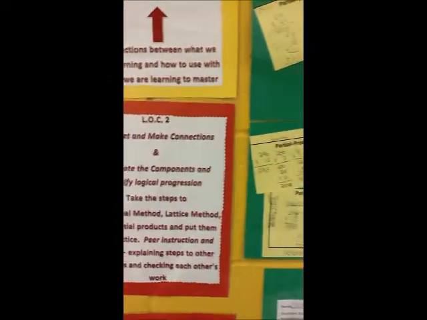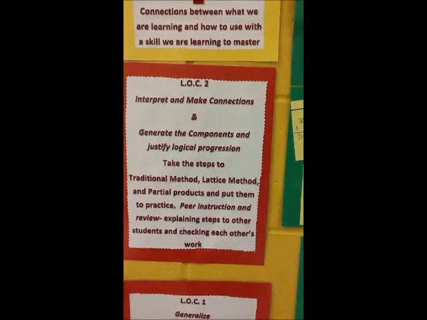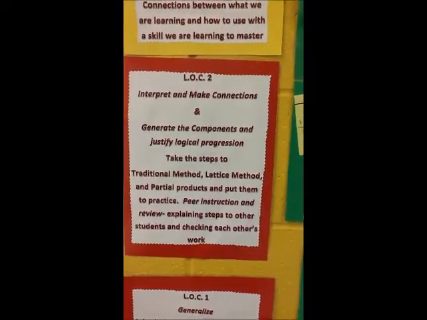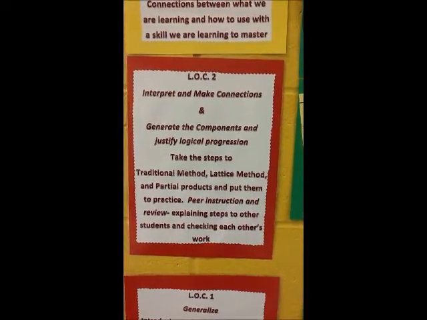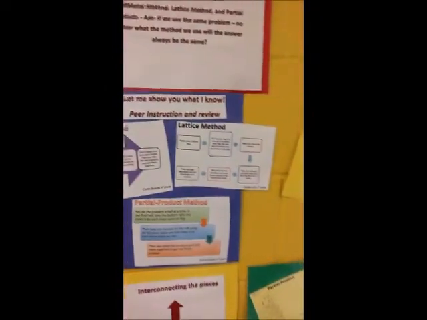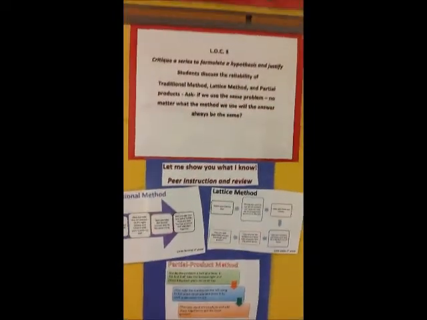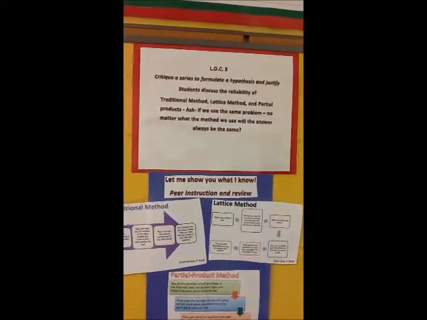For LOC 2, we actually had them solve the 3 different problems in the 3 different ways. And then for LOC 3, we had them solve all of the problems and pick their favorite, tell us whether it worked no matter what method you used, so that they would see that it didn't matter.